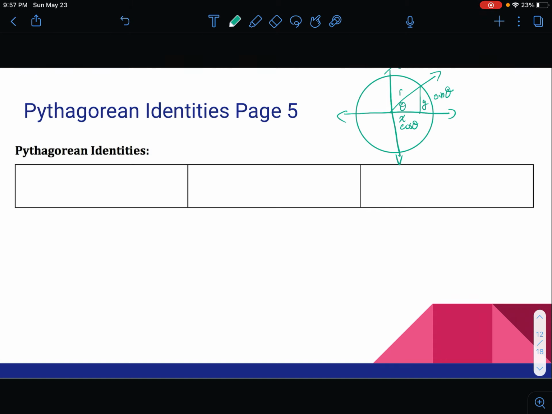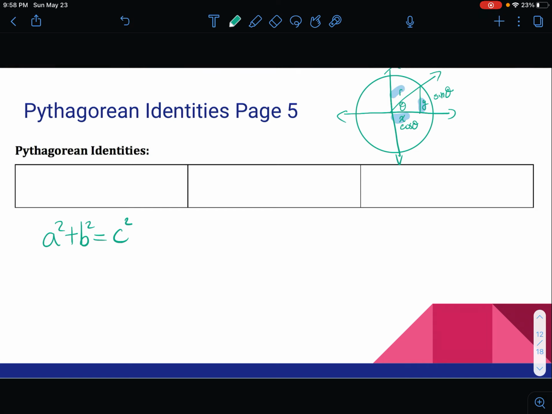So when we look at this unit circle, we know the Pythagorean identities stem from the Pythagorean theorem. When you did this in geometry, you did a squared plus b squared is equal to c squared, and c was the hypotenuse. So let's think about the triangle we have right here. We have an x, a y, and an r.